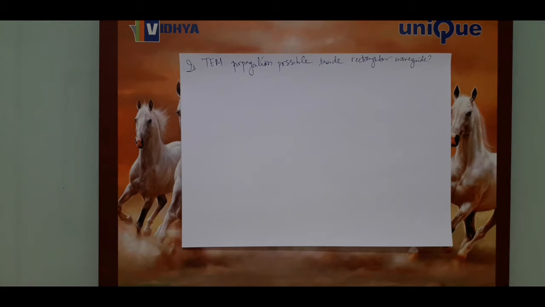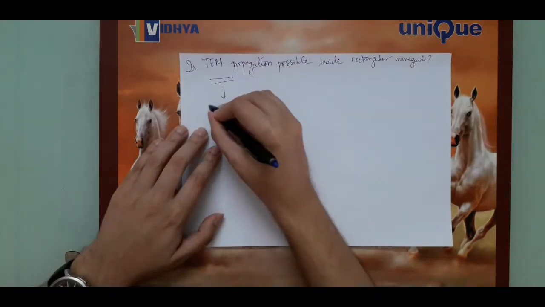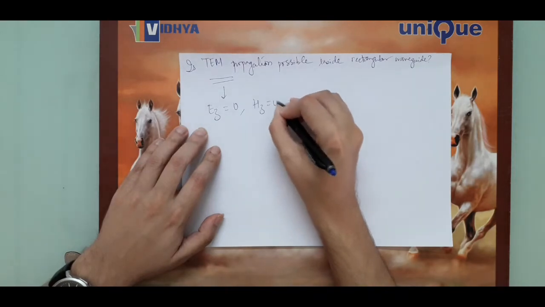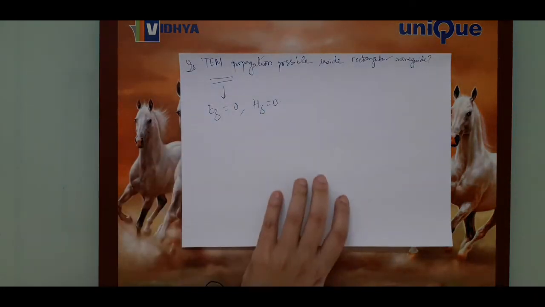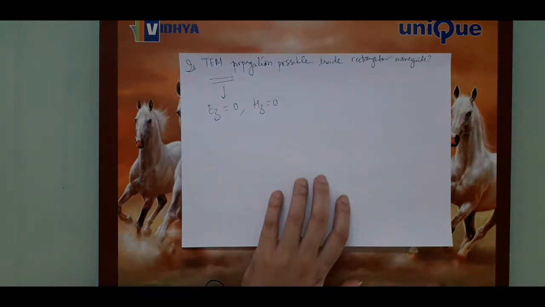Well, TEM propagation means that both Ez is 0 and Hz is also 0. So as far as the general means of analysis that we developed in the last couple of classes is concerned, the moment we have Ez and Hz both as 0, all the transverse fields will also vanish.